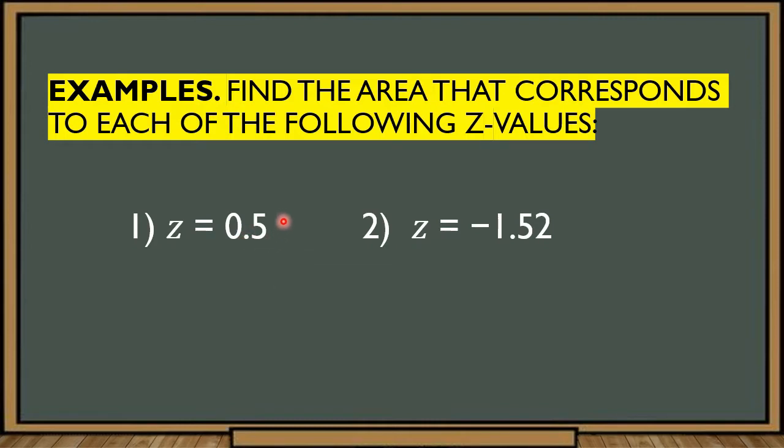Only that in finding the areas under the normal curve, later, you will understand why do we need to count how many digits do we have, and why do we have to put 0 on the third digit if it has no digit. Kapag walang digit dito, ibig sabihin 0 yan.